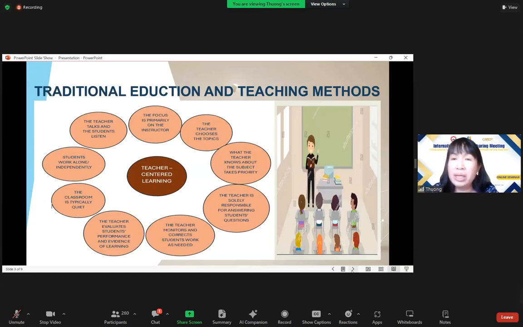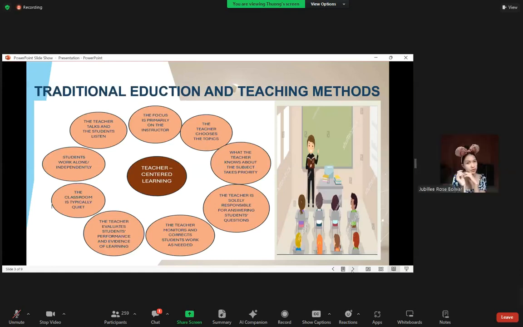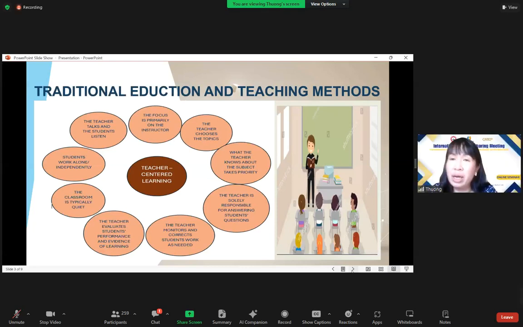But now that society has developed rapidly, and also because of globalization, if students want to get a good job, they have to meet the needs and requirements of the labor market. It means that students need not only academic knowledge, they also need experience and soft skills.